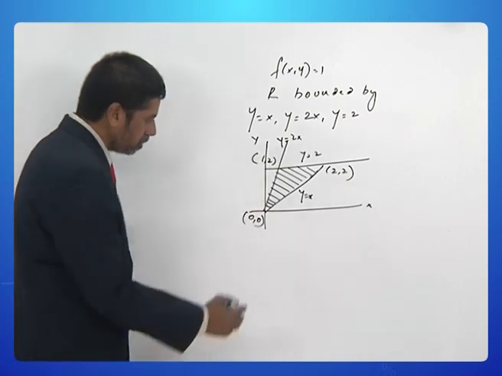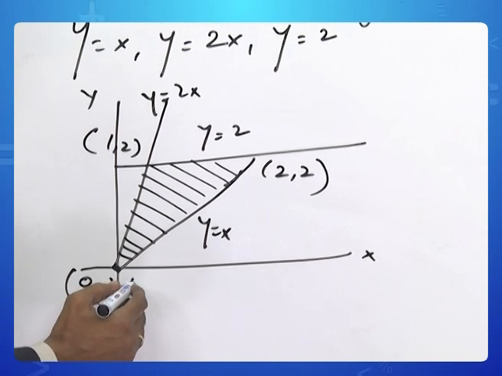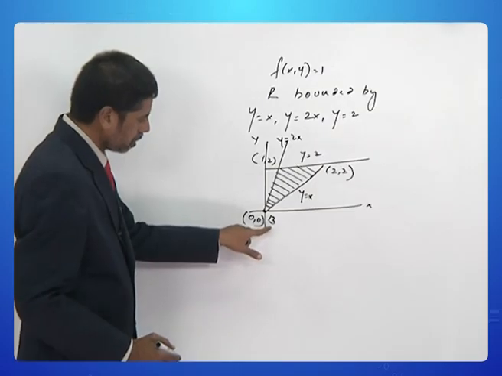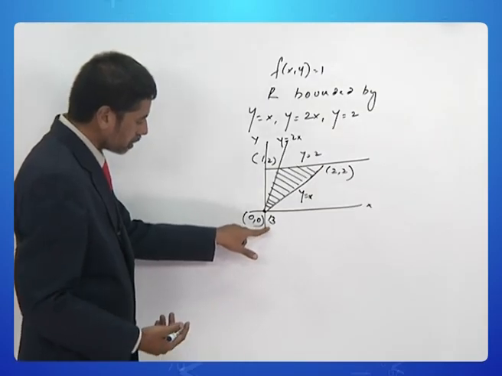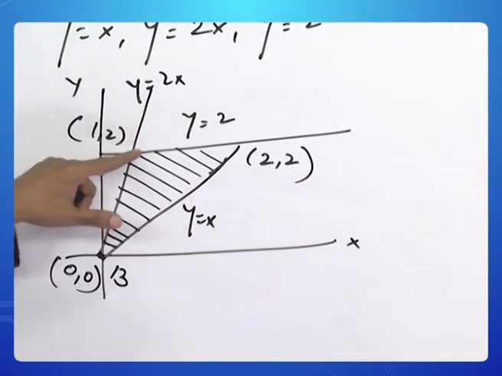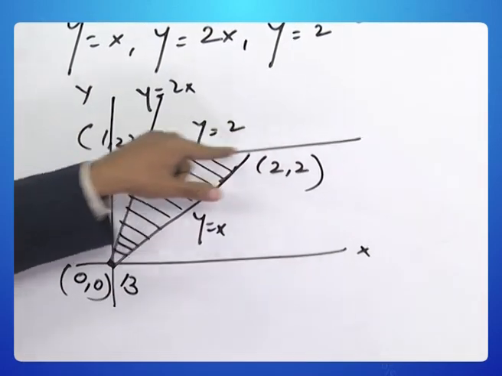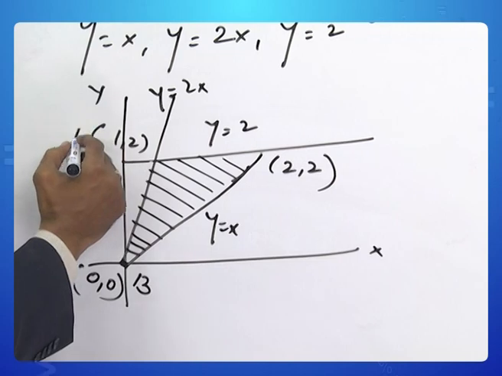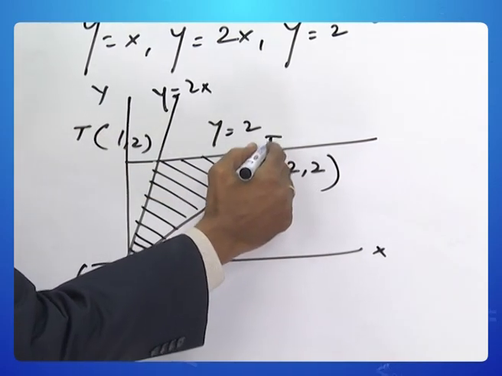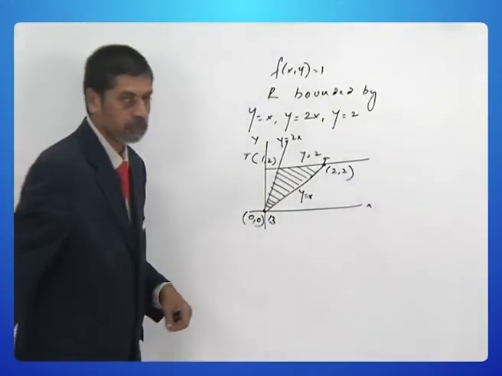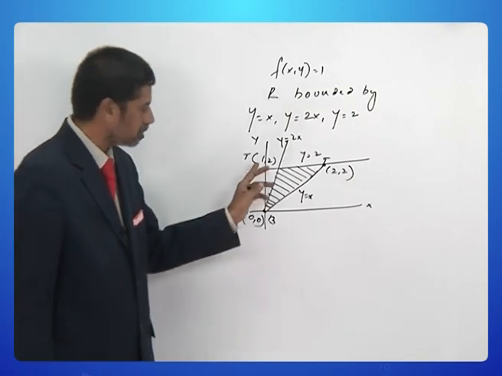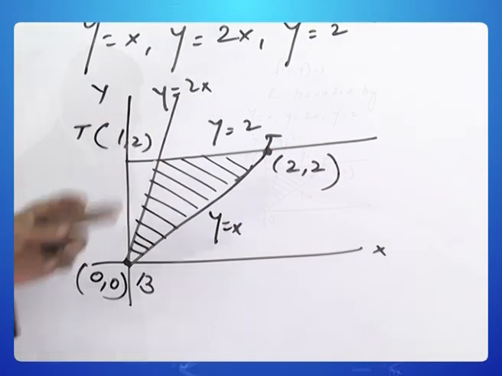Now for this region, this is the bottommost point. Then what is the topmost point? There are 2 points on the top at the same level. So both of them can be called topmost points. Both qualify, become the topmost points because they are on the same line.